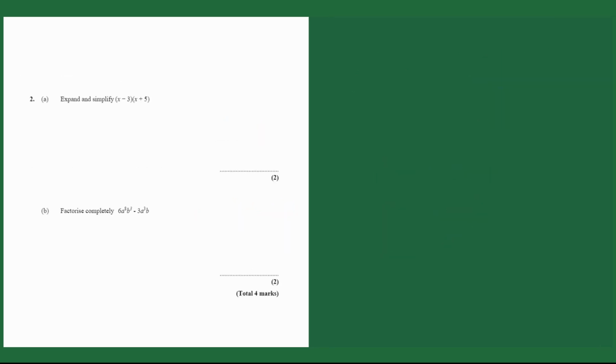Question number 2, expand and simplify. The very first question is double brackets. So what we are going to do is x minus 3, x plus 5. We are going to multiply by x both terms.